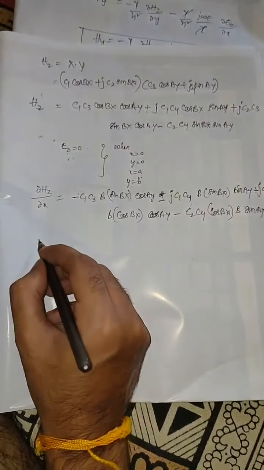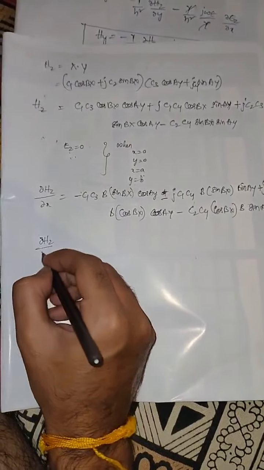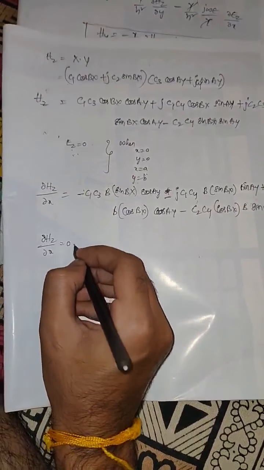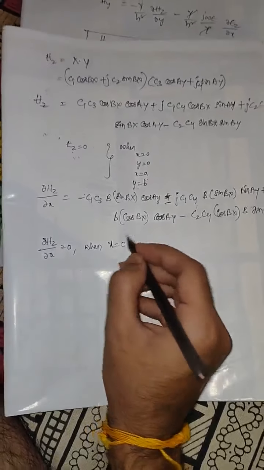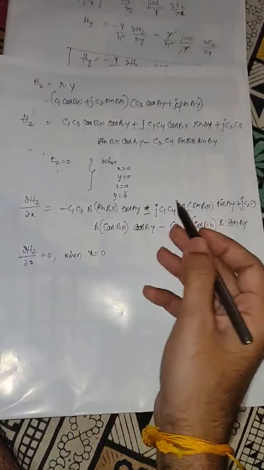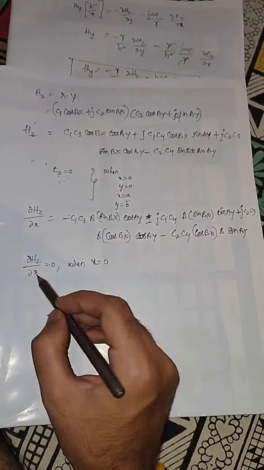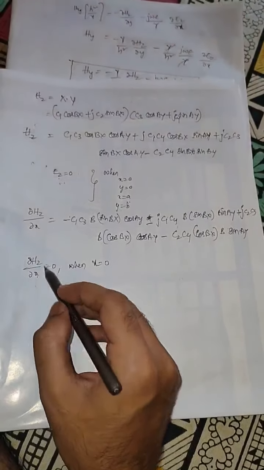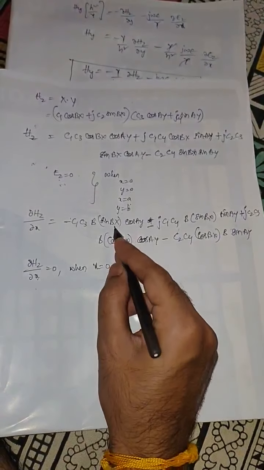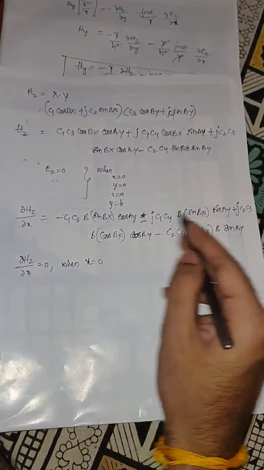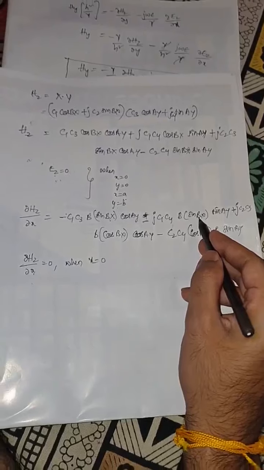Now substitute ∂Hz/∂x equal to 0 when x is equal to 0. If you substitute the x value as 0 in this equation, this term is going to be cancelled because sin 0 is 0. This term is also going to be cancelled.